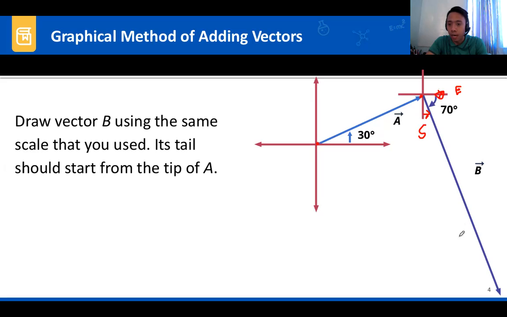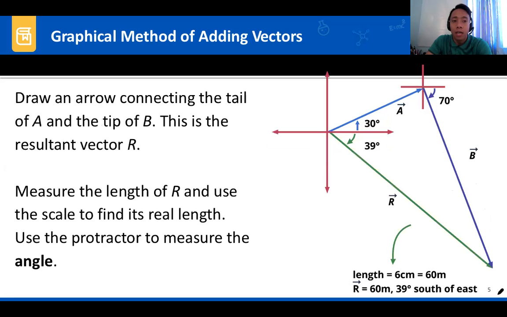Understood? Now, for example, this is already 55 meters, up to here. So this will be the tip of this second vector. And then the last step is to draw an arrow connecting the tail of this first vector and the tip of the second vector.